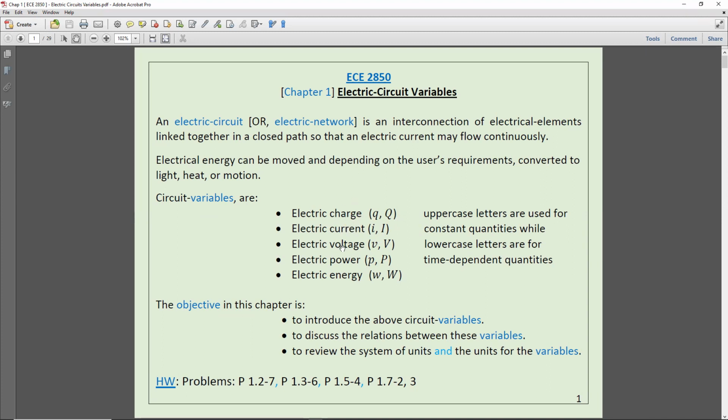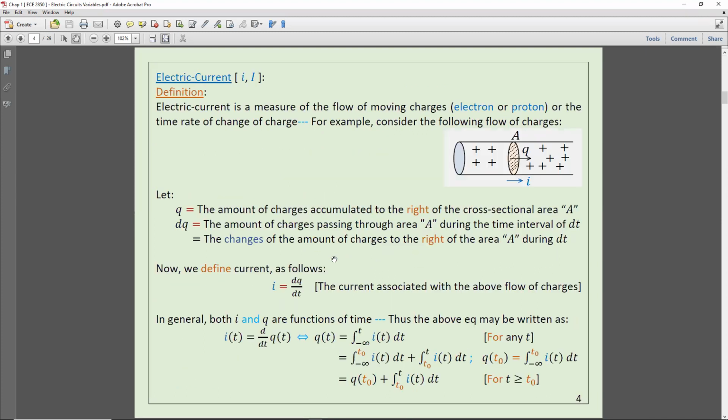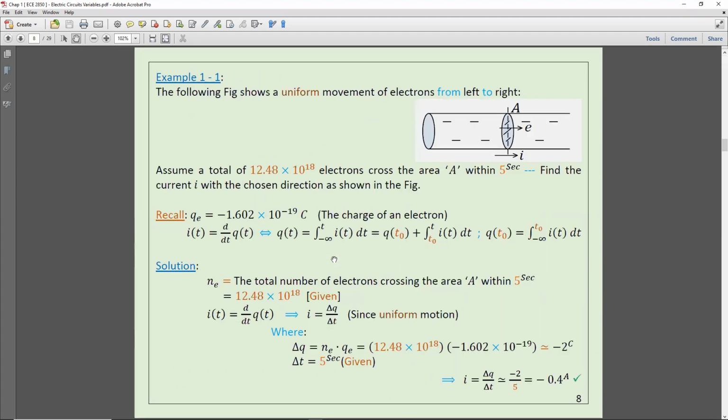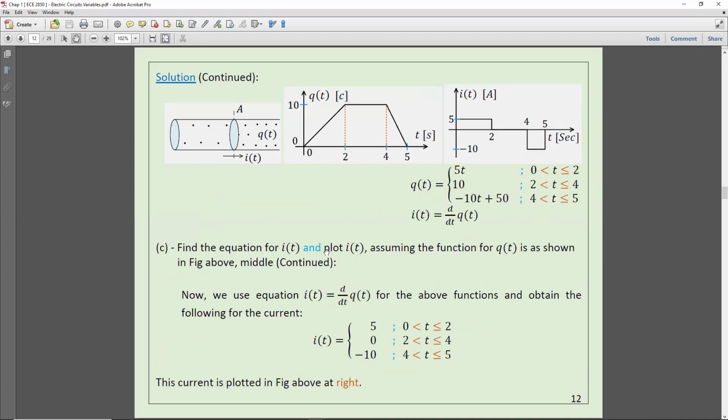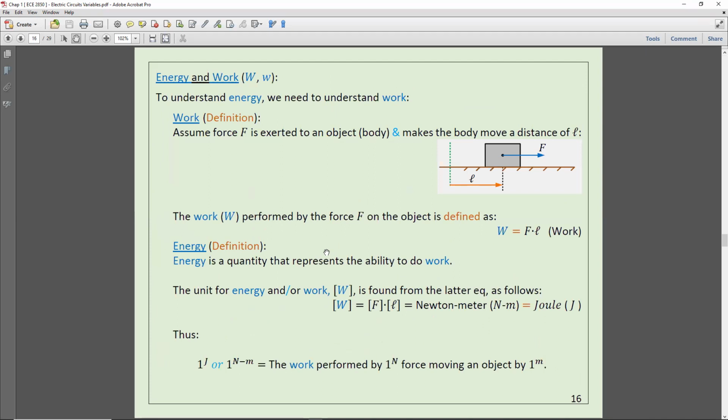Now I'm going to move to voltage, power, and energy. These are variables we use in circuits. You need to understand them, and the relation between them, as I'm explaining now.